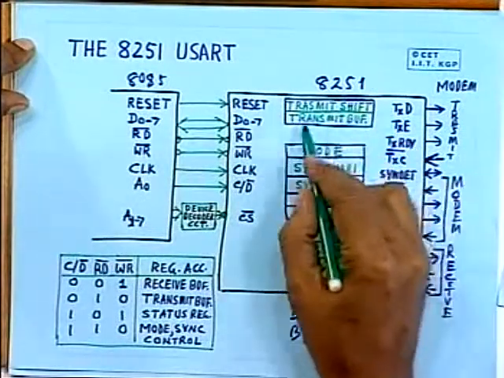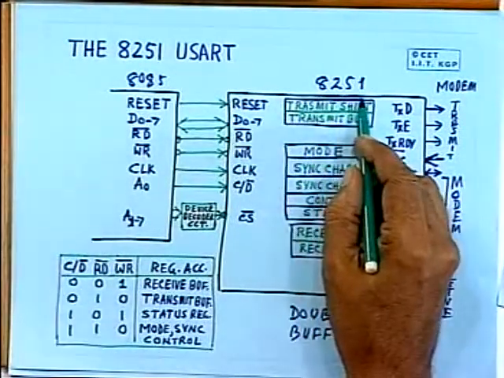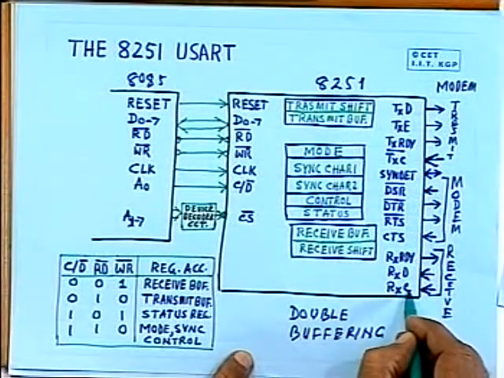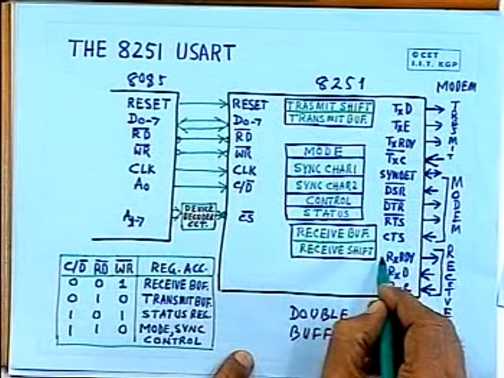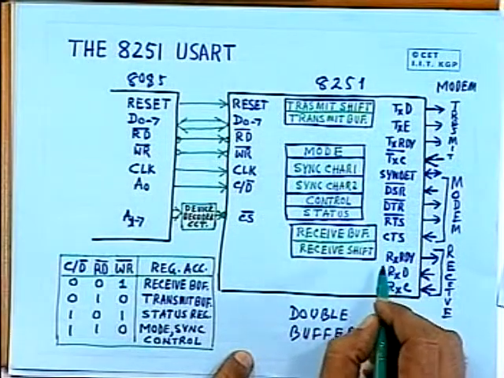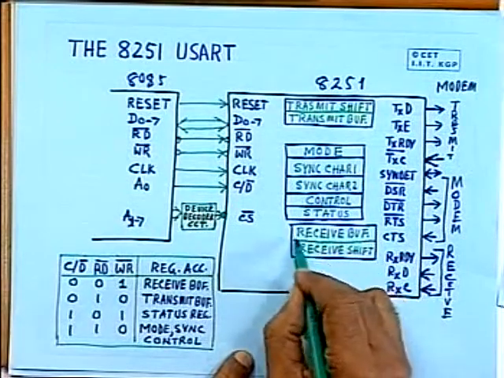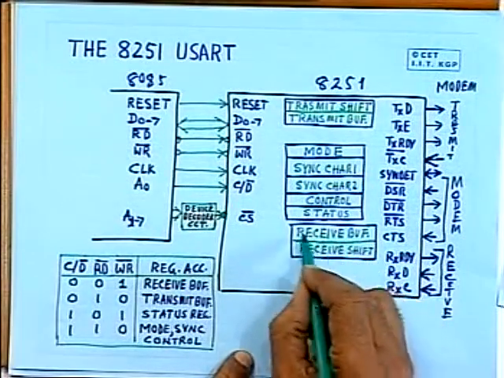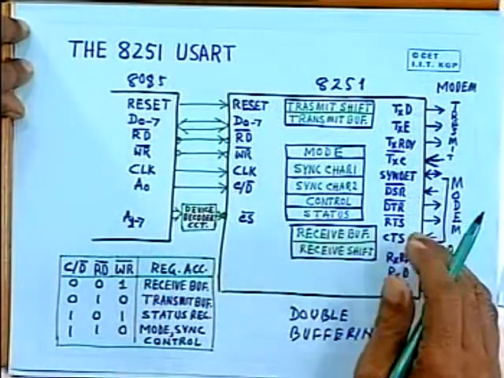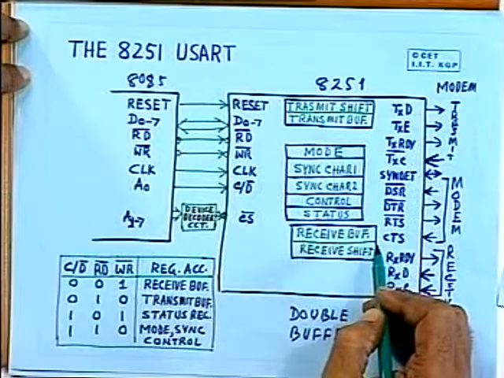So the framing is automatically done by the 8251. Similarly, whenever data is received through the serial lines, as it comes in, the start bit, the parity bit and stop bits are stripped off, and then it is sent to the receive buffer, from where it can be read by the microprocessor.